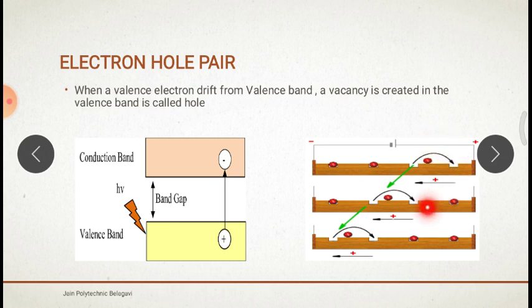Then what happened? Here again one hole is created because this electron jumped, and again one hole is created. Like this, the jumping of holes, that is the moving of holes to fill the other hole vacancy, is a movement of holes. This constitutes the hole current.